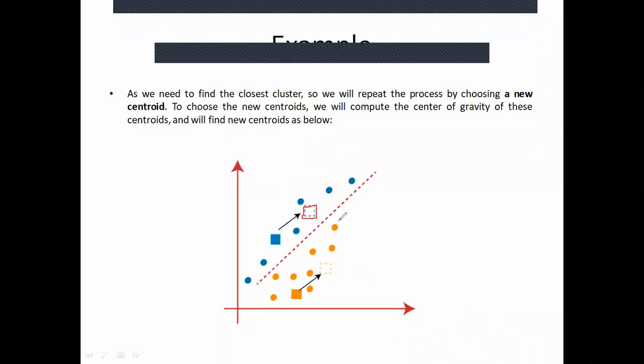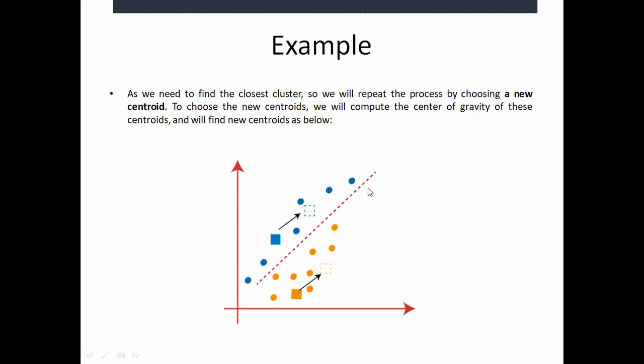Initially this data point belonged to the orange cluster. But now when you find the new distance, you can see it is closer to this as compared to this one, so it will now belong to the blue cluster. That means the cluster value will change. The grouping of these data points may change.